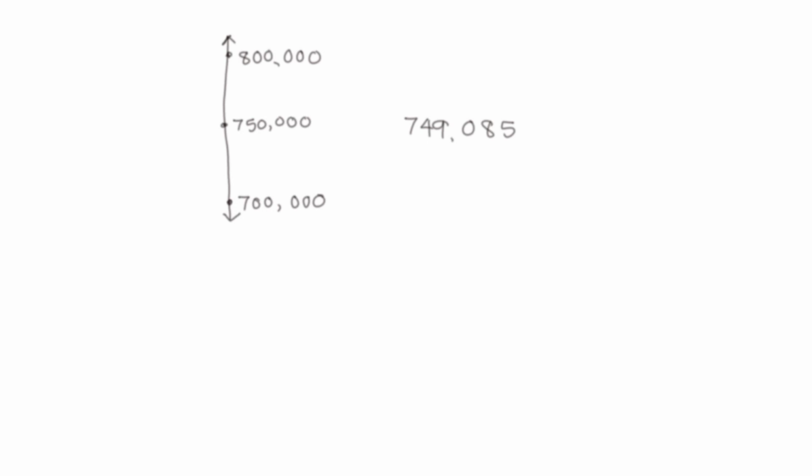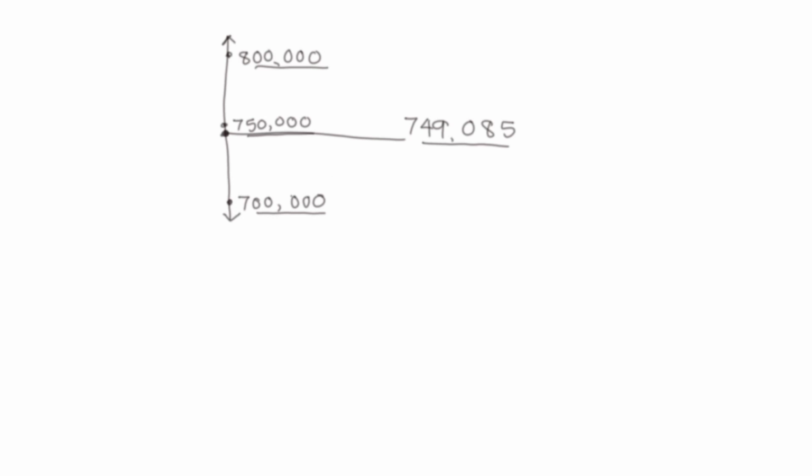And if we look at the rest of this number here and compare it to the other numbers that we have, we'll see that 749,000 would be just less than 750,000. So it would fall here on the number line, just short of our midpoint.